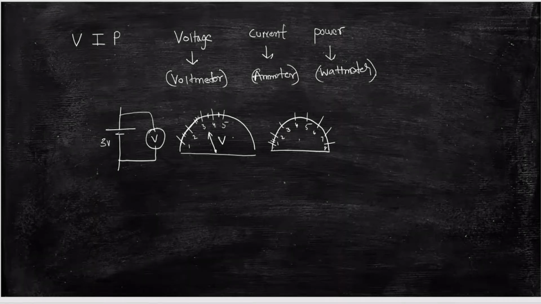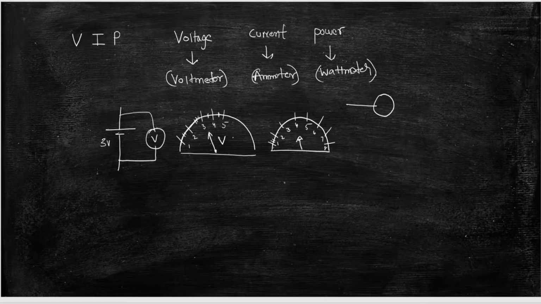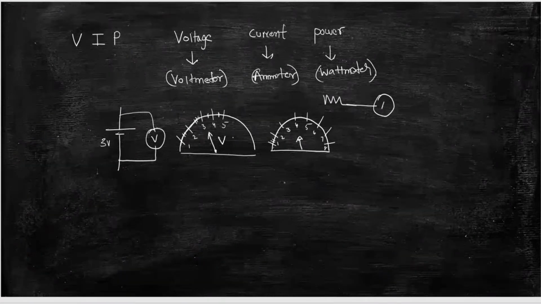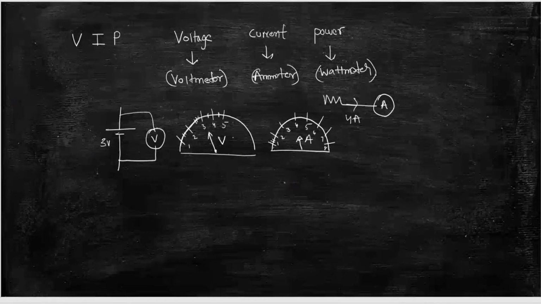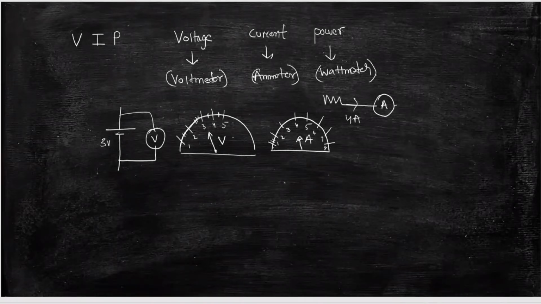Suppose the pointer is showing 4, and this meter is connected in series with an element. That means 4 amperes of current is flowing in the circuit, in this line where the ammeter is connected.